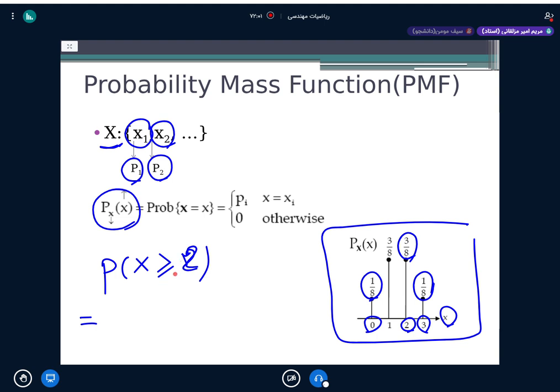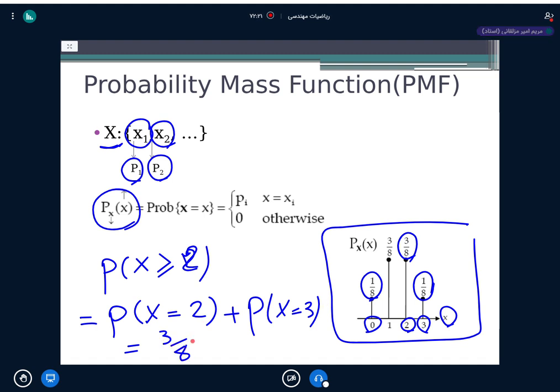The probability that X is greater than or equal to 2 is the probability that X is equal to 2 plus the probability that X is equal to 3, and from the PMF, we have these values. Okay?